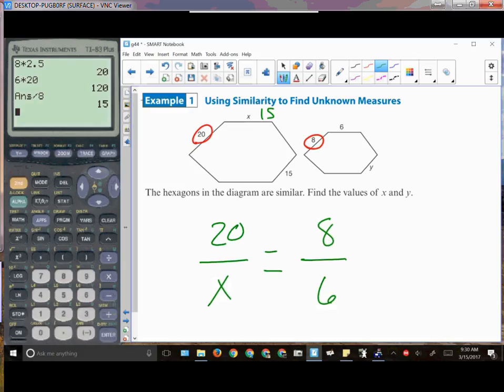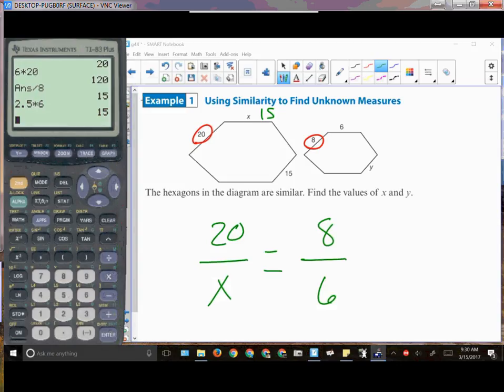Is that 2.5 times 6? Would it be? If I go and take 2.5, multiply it by 6, I got 15. So it does work.